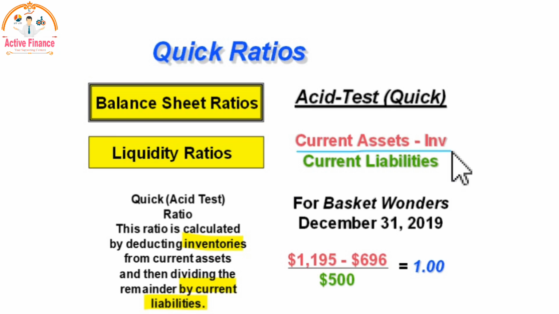Now let's solve. From current assets we will minus inventories and then divide by current liabilities and we will get the quick ratio of Basket Wonders. I have taken this data also from the balance sheet, which is already mentioned in this. So here we will get the data from the balance sheet.